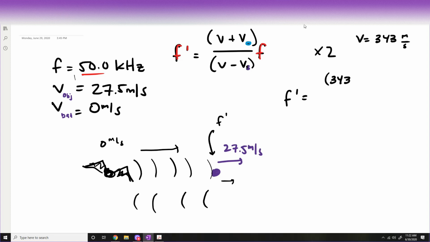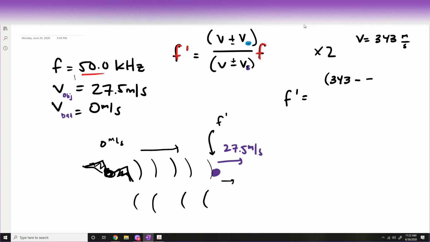So the frequency should be lower, which means the numerator needs to be lower than the denominator. So we're going to put a minus sign instead of a plus. These can be plus or minus, and you have to decide which. In this case they're moving away, so it's minus, so that this is a smaller number than this, and the apparent frequency will be lower.